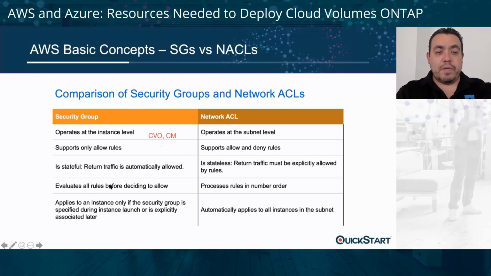For the security group, we check all the security group rules before we decide who can access, and the network ACLs are going to be processed based on an index, okay? So the first rule that we can match, that's the one that we use on the network ACL. That's again why we recommend you to use both of them so you can have better security all the way down to your instance.